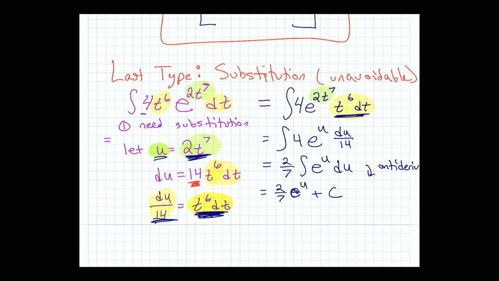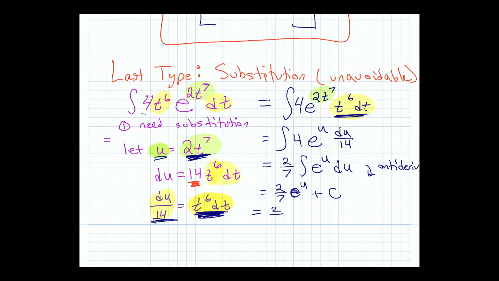Okay, good. Now, to get your final answer, you need to substitute back to the original variable. So the original variable was the t's. So you go back to your substitution and make the substitution for the u there. So u is going to be 2t to the 7th. So replace the u with 2t to the 7th.